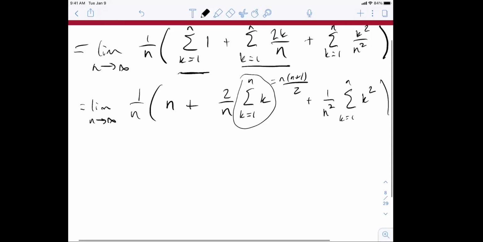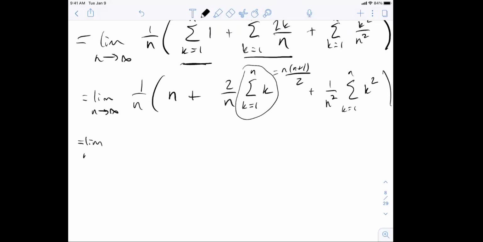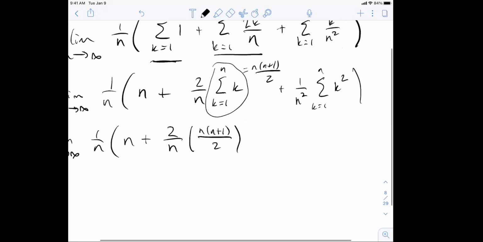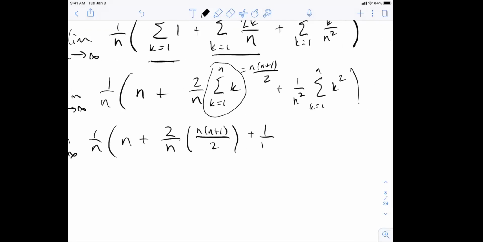Okay, so this is going to be equal to the limit as n goes to infinity of 1 over n times n plus 2 over n times n plus 1 over 2. And then plus 1 over n squared. The sum of k squared from 1 to n is n times n plus 1 times 2n plus 1 divided by 6.